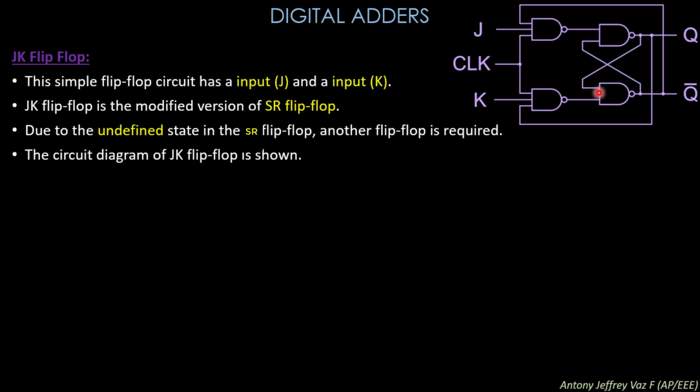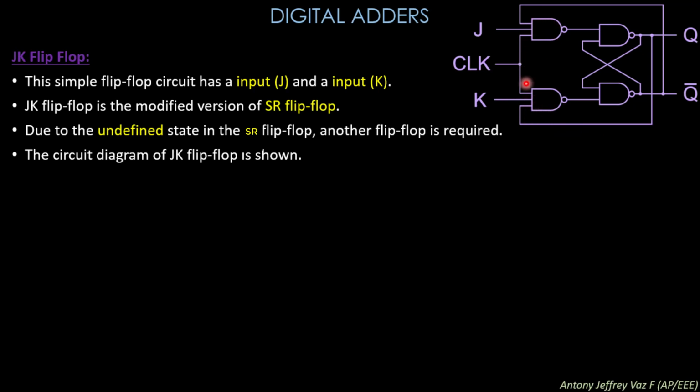You may see the JK flip-flop is also constructed with the help of NAND gates, but the only difference is that the output of the flip-flop is fed back as an input to the input stage.